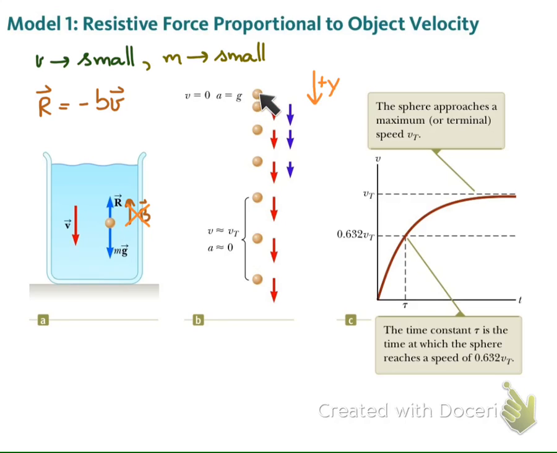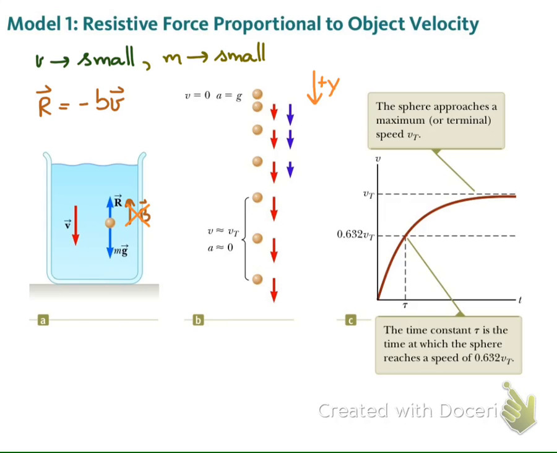First, when the object is at rest, there is no resistive force, right? Because the velocity is equal to 0. But after that, when the gravity pulls the object down, it will increase the velocity and the object will experience the resistive force.